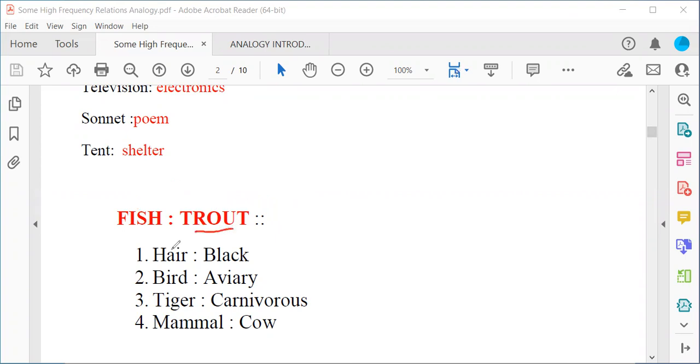What's trout? Trout is a type of fish. So here we can say trout is a fish.